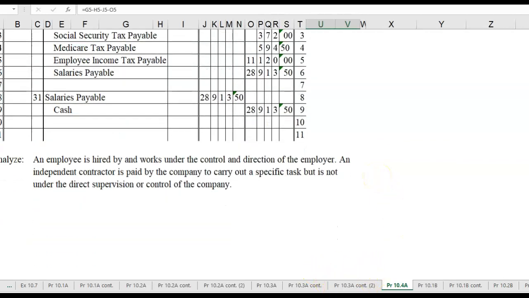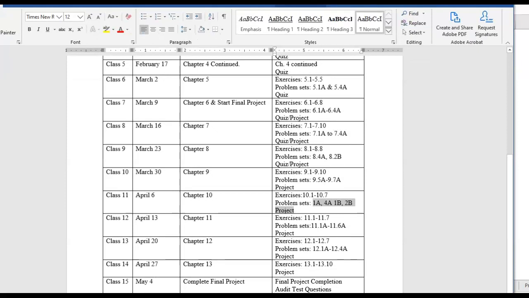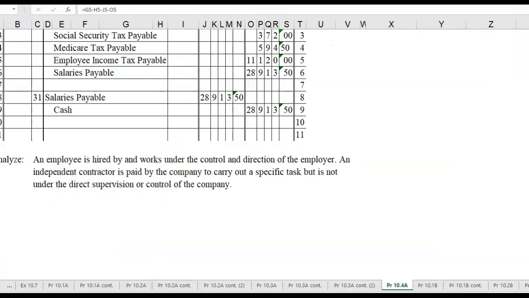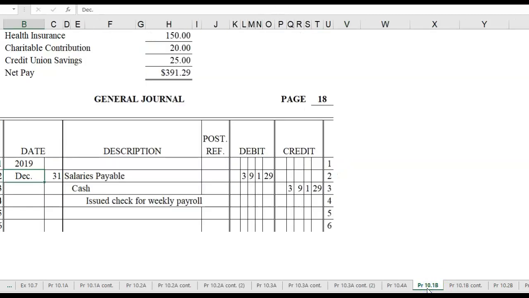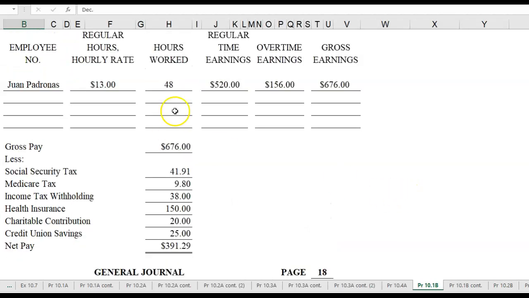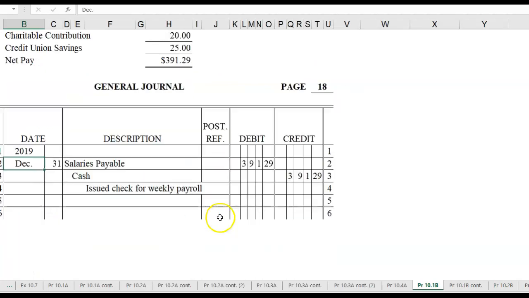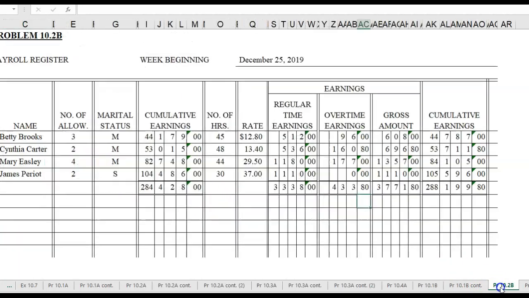And then the last one was 1B and 2B. 1B. Again, I wanted you to follow how to do the chart, how to do all the multiplication, and then how to do the payroll. And 2B, again, figuring out the earnings. Control Tilde that.